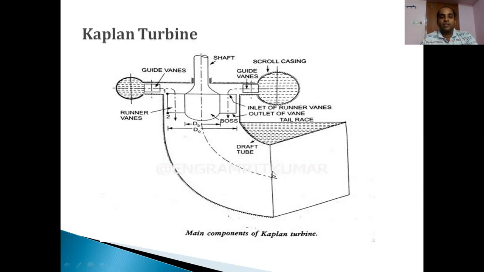Only the phenomenon here is it also has a scroll casing where the water enters equally, that is radially through the casing through the guide vanes, and then it strikes the runner blades in the axial direction and is discharged in the axial direction itself.